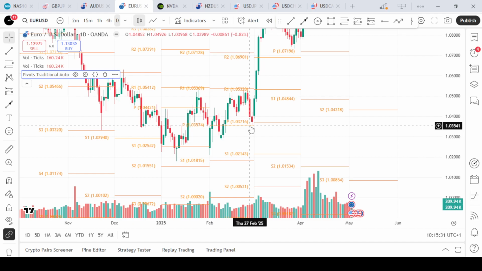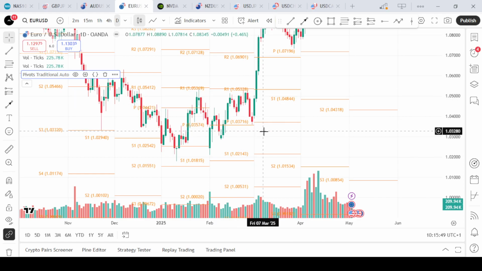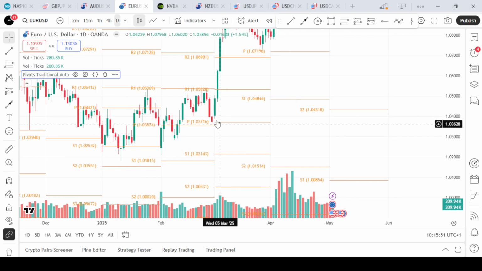Your S1 and R1, which is your support 1 and your resistance 1, are both key in both trending and ranging markets. Your S2 and R2, which is your support 2 and resistance 2, are for strong trending days. So you actually wait for price to come back to your pivot point.